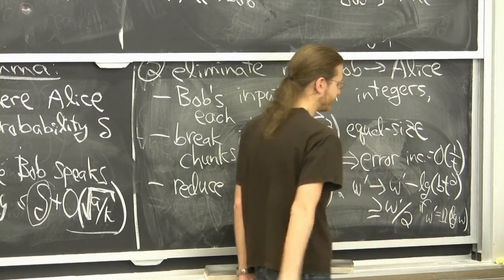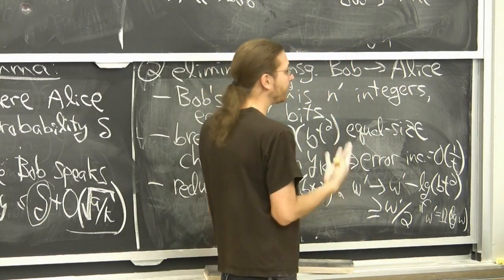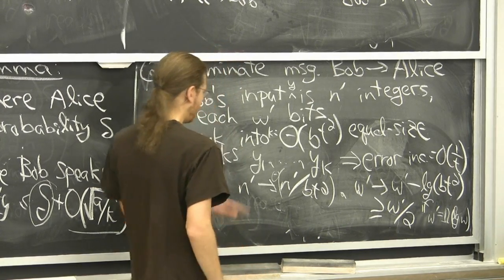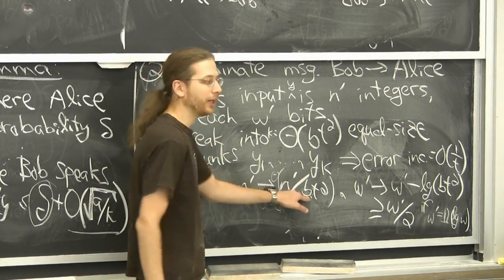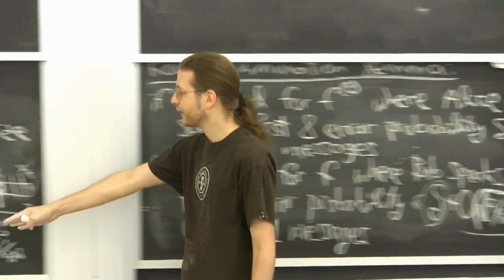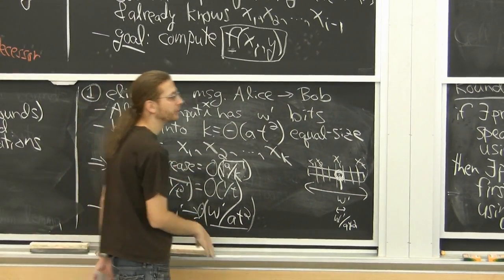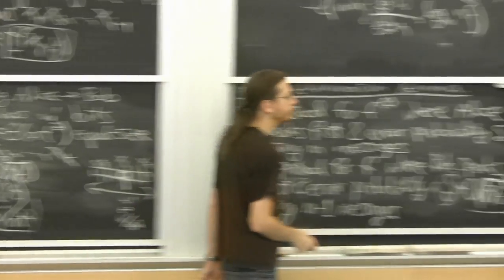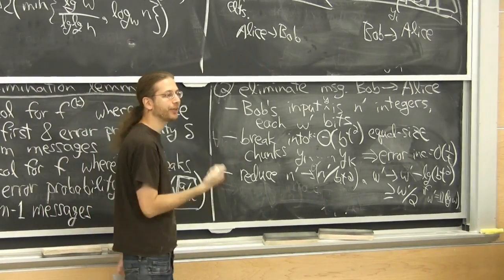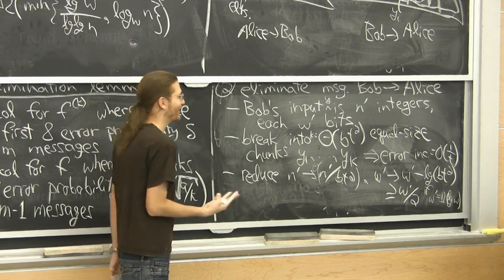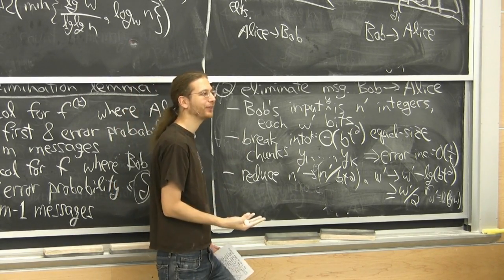So you're fine. But at some point we have to stop. We start with some w and n. n prime is racing down at this rate. w prime is racing down at this rate. When w prime gets down to log w, then we're in trouble. If n prime gets down to 2, 1, 0, one of those constants, when n prime gets down to a constant, we're in trouble.